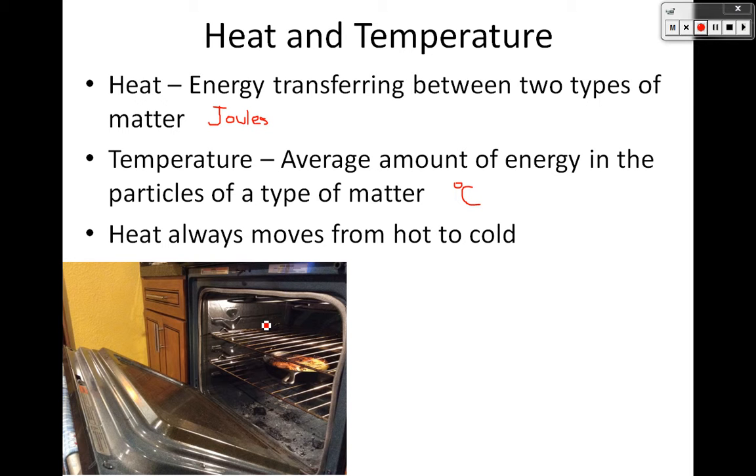Now remember, energy is not matter. Those are the two types of stuff. We have matter, has mass, has volume, takes up space, made of particles, and then we have energy. Energy has no mass, doesn't take up any space, has no particles, but it is this stuff that we have. So the heat here would go in this direction because the oven was very hot and the outside temperature was cooler.